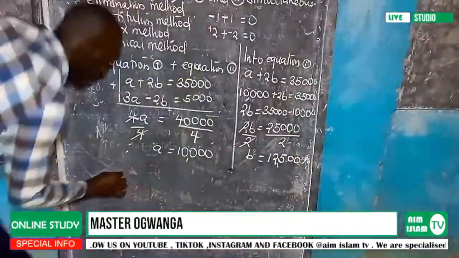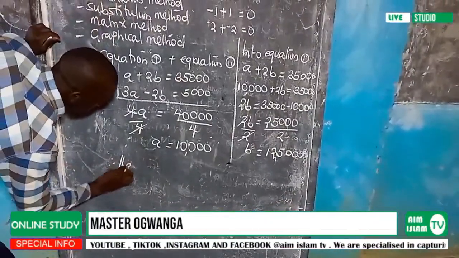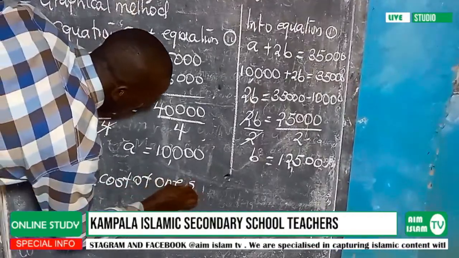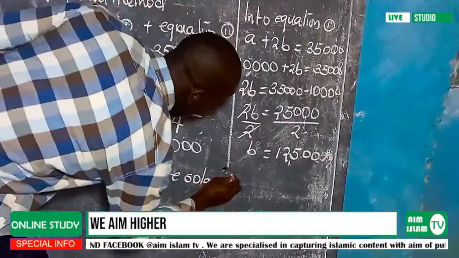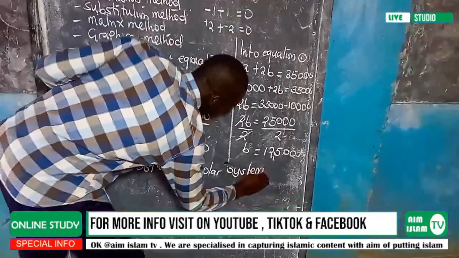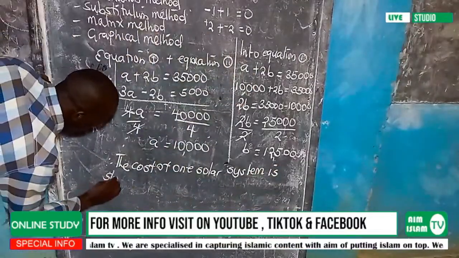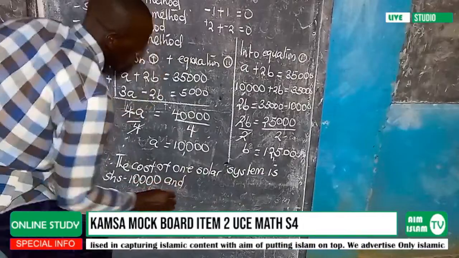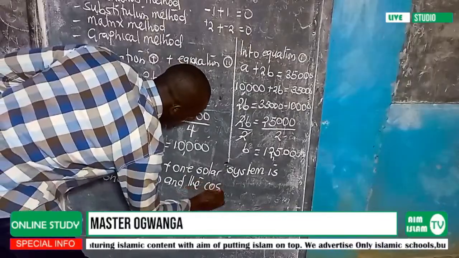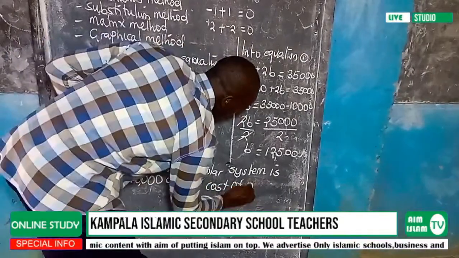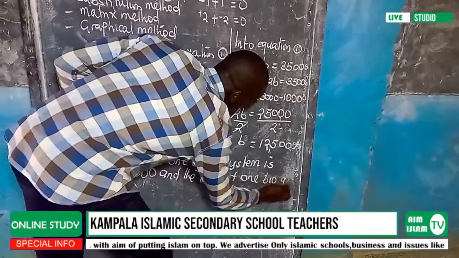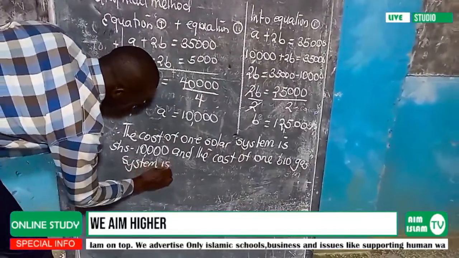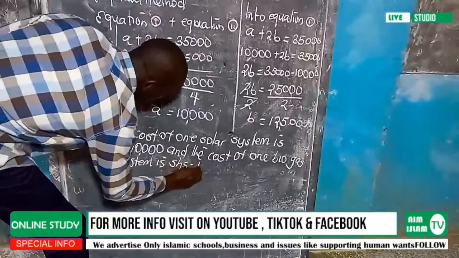Meaning, we are going to say, therefore, the cost of one solar system is shillings 10,000, and the cost of one biogas system is shillings 12,500.